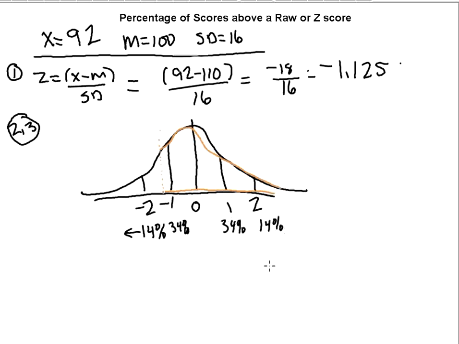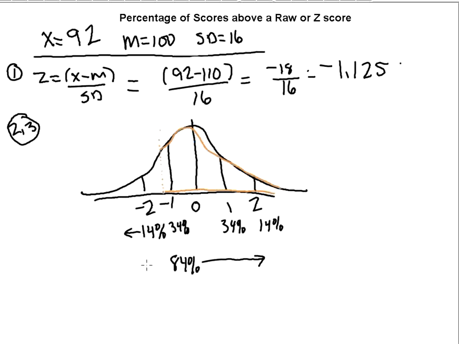So what we can estimate is that our score is somewhere between 50%, which is everything to the right of the mean, plus 34. So at this point, 84% of all scores are above where we are.